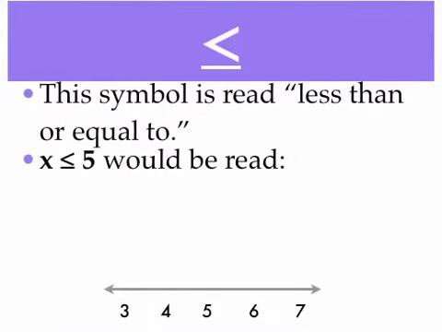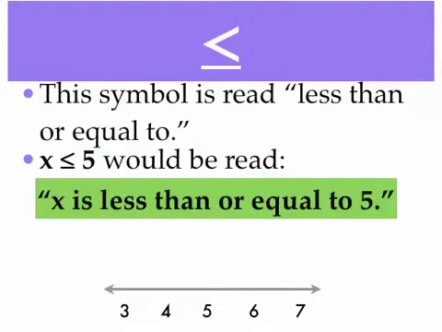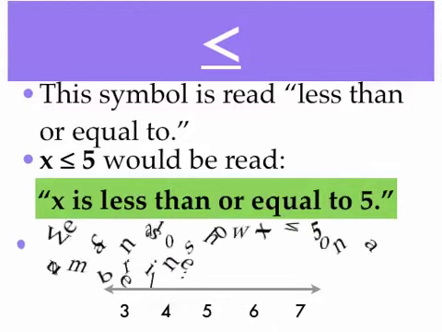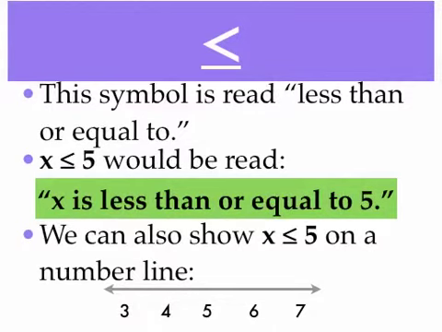Now, when we have a line underneath our less than symbol, it is read less than or equal to. So x is less than or equal to 5. Symbolic notation, and then in words it says x is less than or equal to 5. If you plugged in 5 to this inequality and said 5 is less than or equal to 5, would that be true?